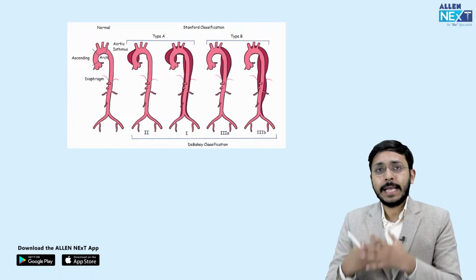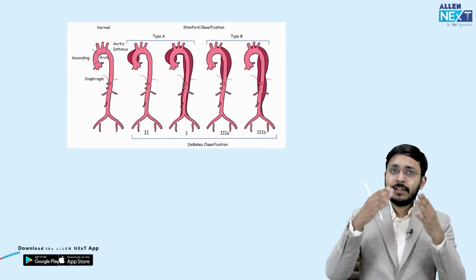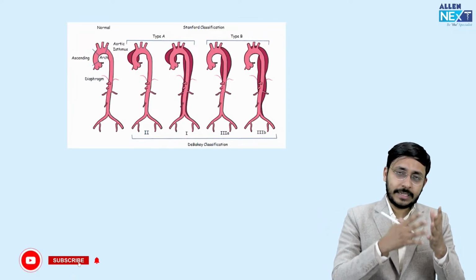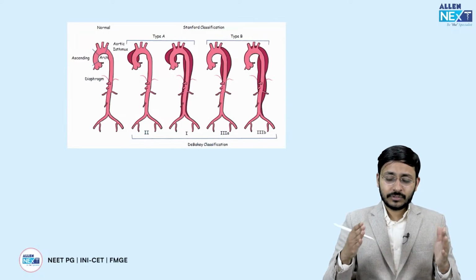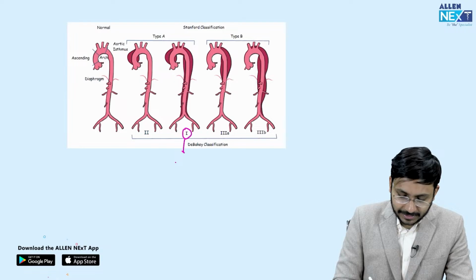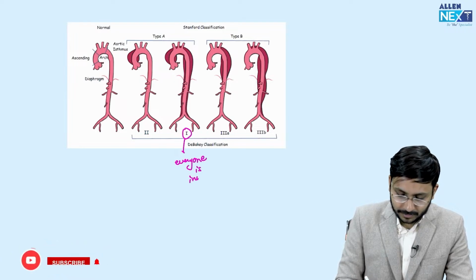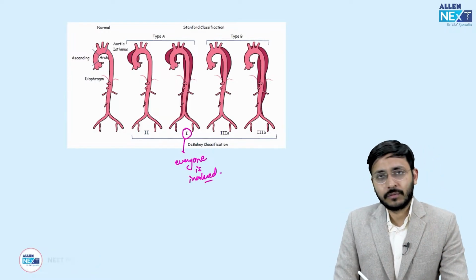Now, if type A has everything involved, the ascending aorta, but arch, descending thoracic, abdominal, everything is involved, this is DeBakey type 1. Okay, so 1 is everyone is involved. Now 2 is only ascending aorta is involved.